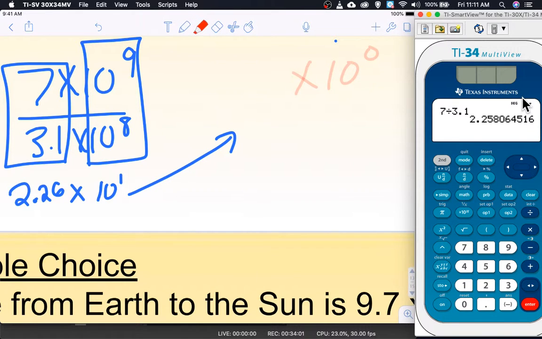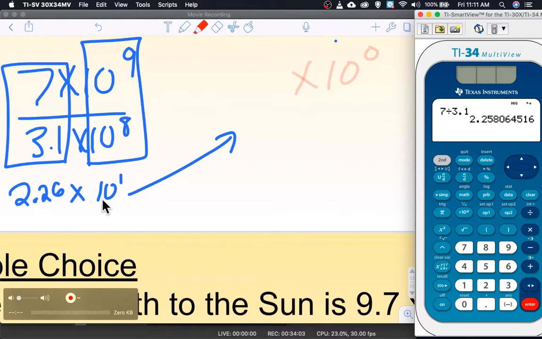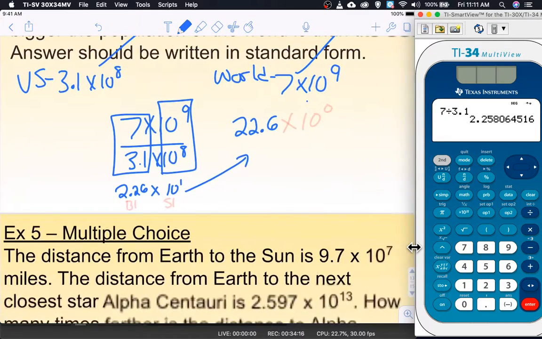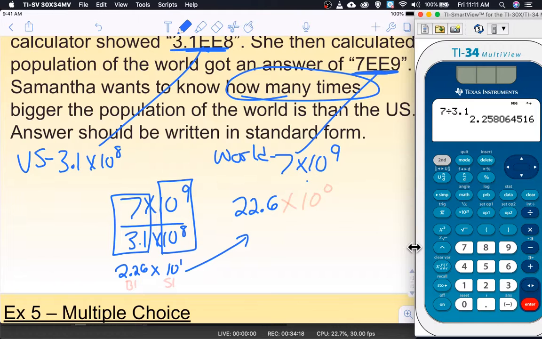So to do that, my exponent piece is going to get smaller by 1, so my decimal piece gets bigger by 1. So 22.6. So the population of the world is 22.6 times bigger than the population of the United States.